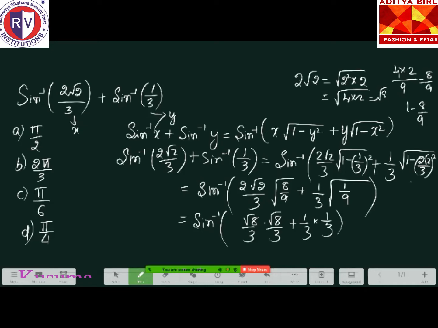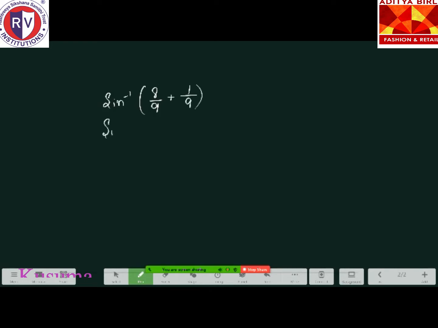Okay, so here this will be further sine inverse of root 8 into root 8 is 8 divided by 3 into 3 is 9 plus 1 by 3 into 1 by 3 is 1 by 9.